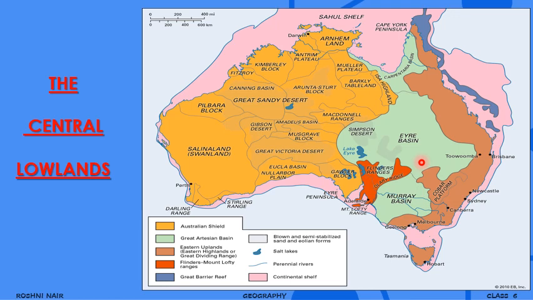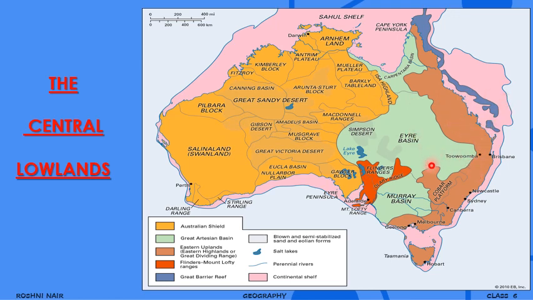So let us start with the second physical feature of Australia, that is the central lowlands. The central lowlands are a rainless, flat, low-lying area between Eastern Highland and Western Plateau. This side is Western Plateau, this side is Eastern Highlands.